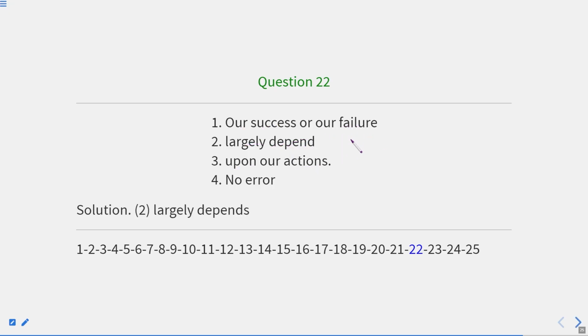So the error is in part second, where we need to write largely depends. Okay, now one most important thing, that in these type of questions you need to look only for the identification of the part that contains error. You need not rectify them. Okay, so here the error is in part 2, where we should write largely depends.